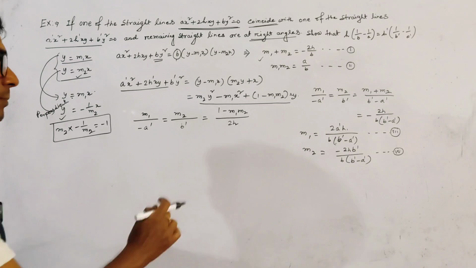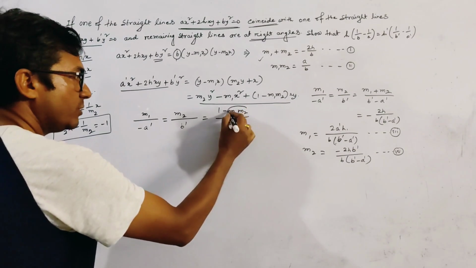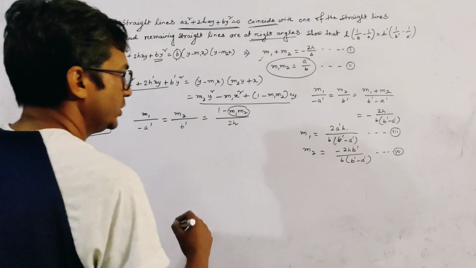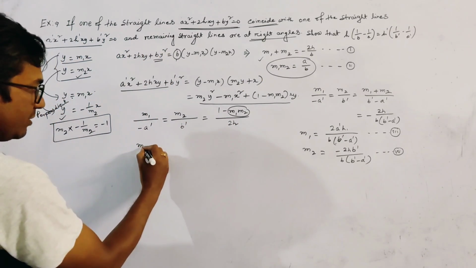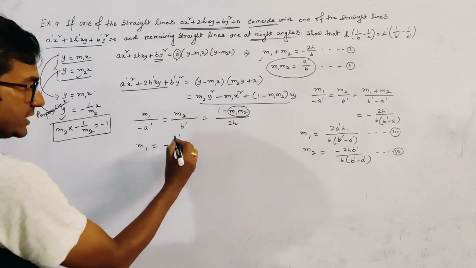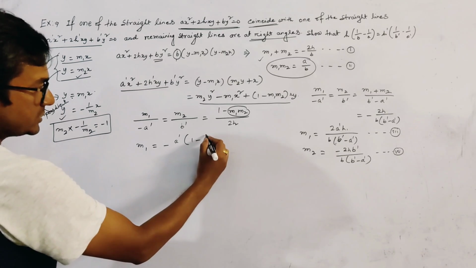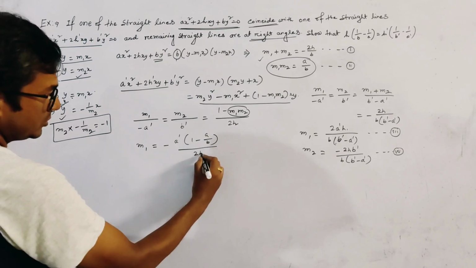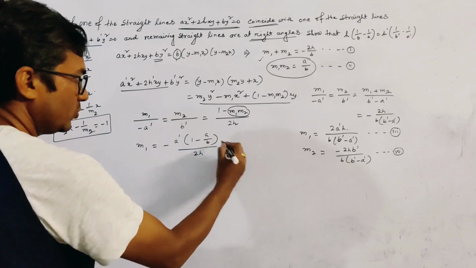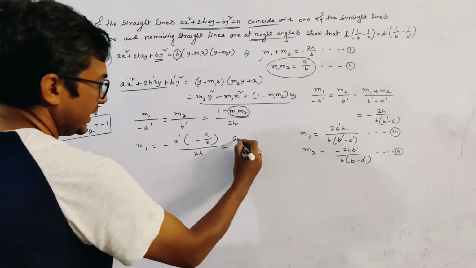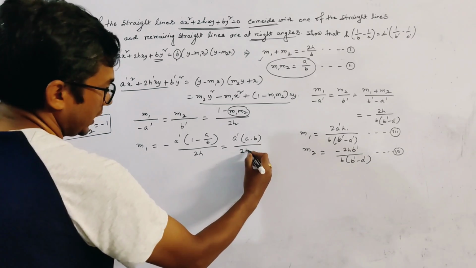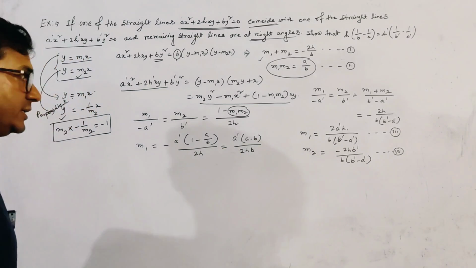Also here we put the value of m1m2 which is given by relation number 2, and getting m1 = −a'(1 − a/b)/(2h'), and calculating this we get a'(a − b)/(2hb).